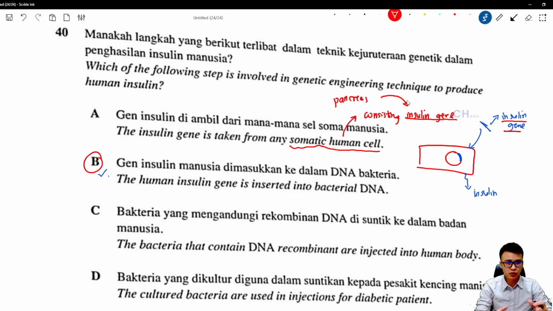Only the pancreatic cell can, because the insulin gene inside it is activated. So when we want to produce insulin, we use the insulin gene from the pancreatic cell rather than other somatic cells. So this answer should not be A. We will choose B. So the answer is B. Please be careful, guys.